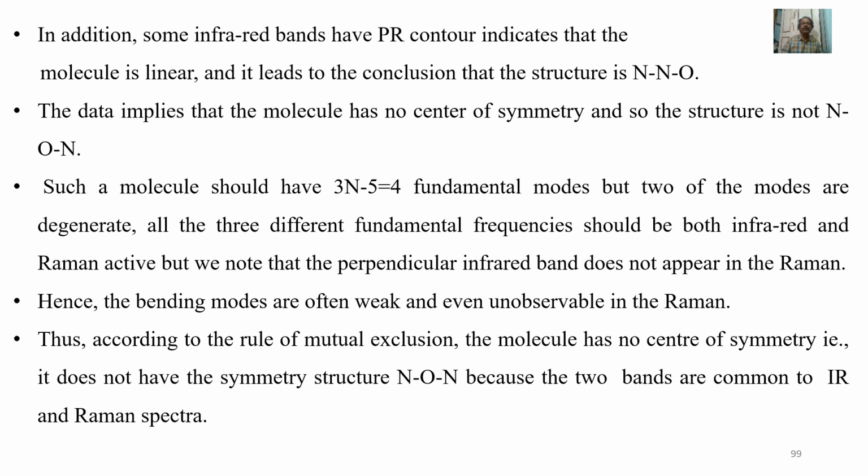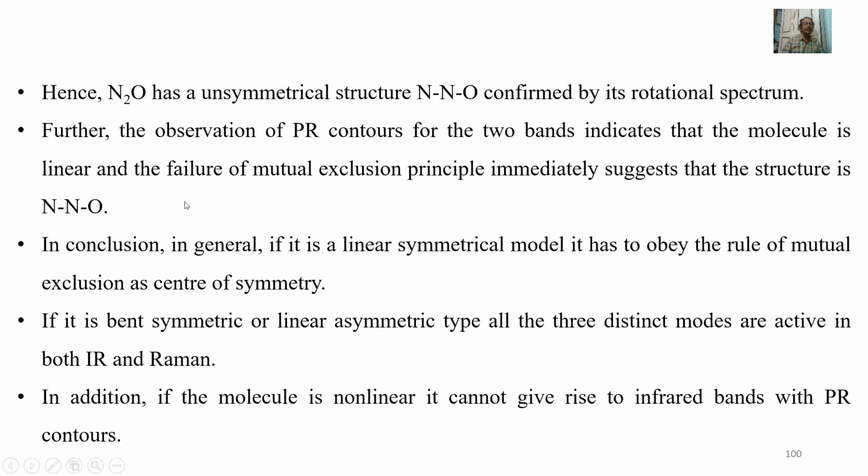Hence, N2O has an unsymmetrical structure NNO, confirmed by its rotational spectrum. Further, the observation of PR contours for the two bands indicates that the molecule is linear, and the failure of the mutual exclusion principle immediately suggests that the structure is NNO.